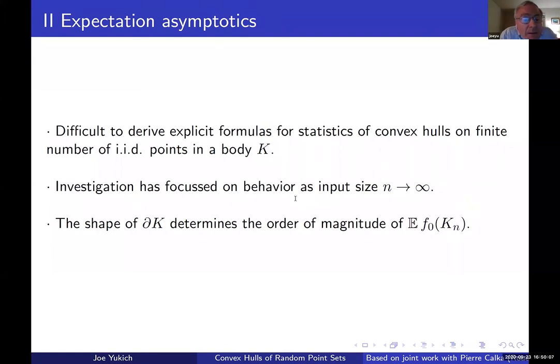So instead, the investigation has focused on the behavior of statistics of convex hulls as the input increases. And it turns out that the geometry of the mother body K, in particular the shape of its boundary, determines the magnitude of growth for the expected vertex count.